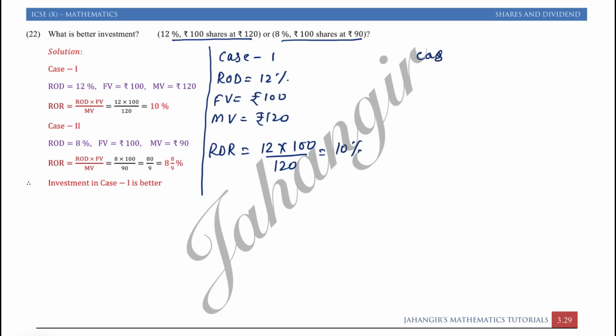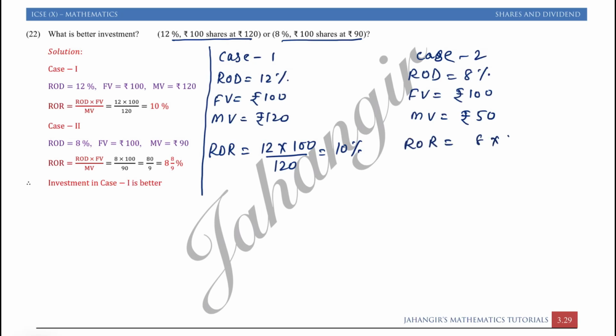Now case 2. Case 2 ka ROD is 8%, face value is equal to rupees 100 and market value is equal to rupees 50. So ROR will become 8 into 100 upon, this is 90, sorry, not 50, I wrote it wrong, 90. 100 upon 90, 0 cancel, 80 upon 9.